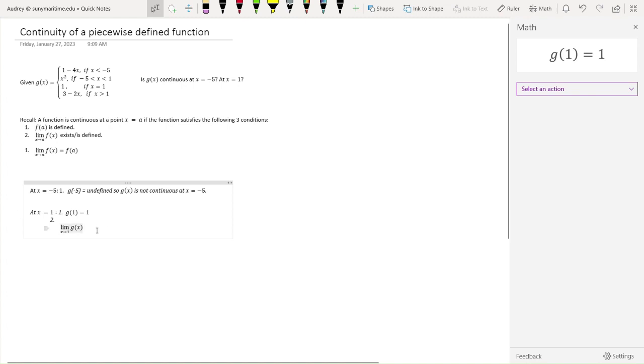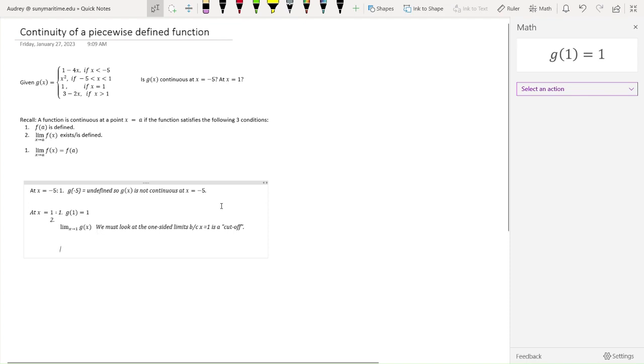So here, I'm going to write that we must look at the one-sided limits. And again, the reason is because x equals 1 is a cutoff, which I know is not really, mathematically speaking, very proper, but you understand what I mean.